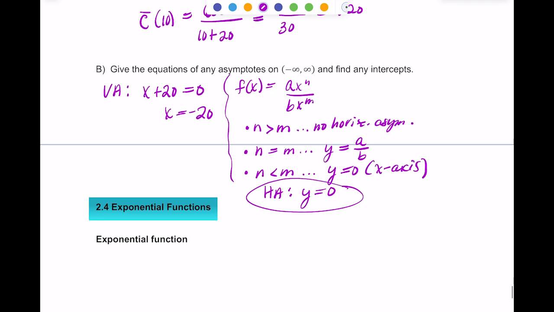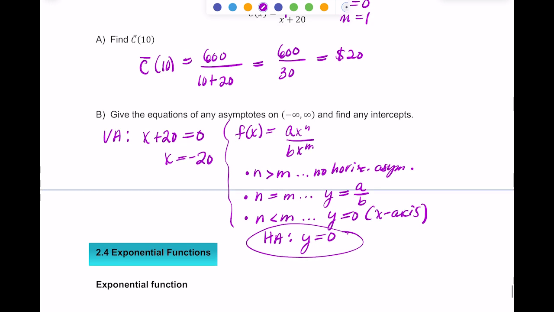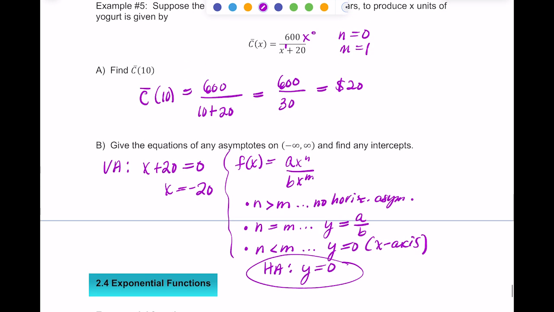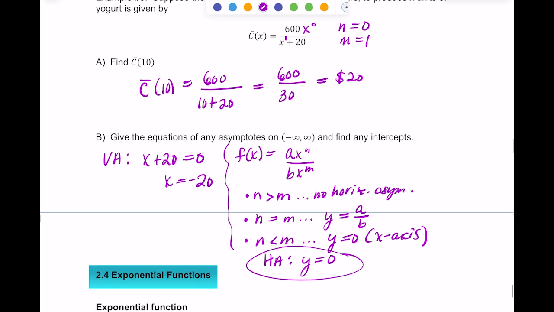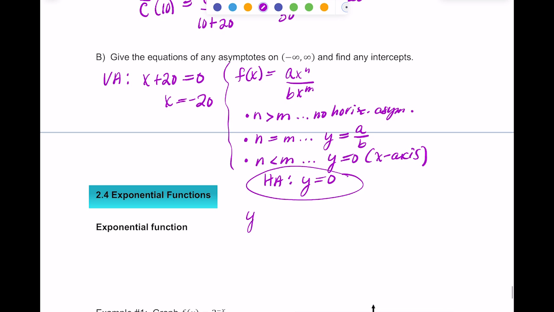And then to find any intercepts, first of all, there's never going to be an x-intercept, right? Because to find an x-intercept, we would set y equal to 0. If I want to find the y-intercept, though, I'm going to just replace x with 0. So I'm just going to find f of 0, basically.